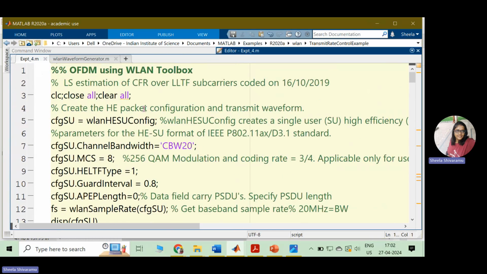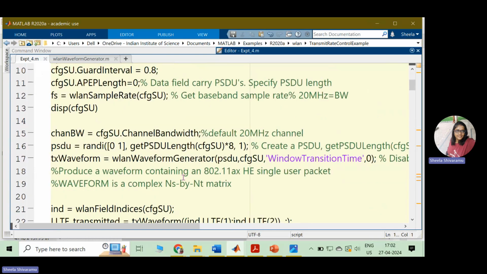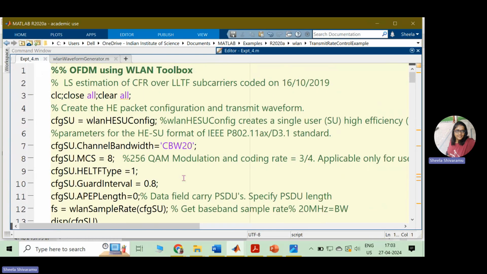Before coming to this experiment, it is better you listen to the OFDM discussion, in order to get a better idea. The basic objective of this experiment was to know what OFDM is, how it is realized, and also to obtain the channel frequency response on occupied subcarriers using the LLTF field of the packet preamble.